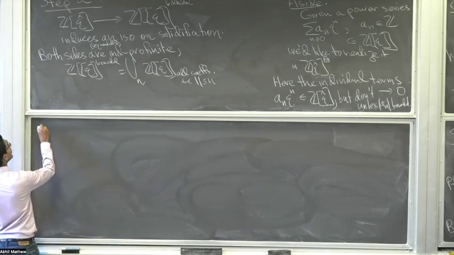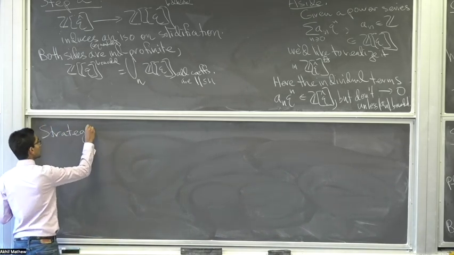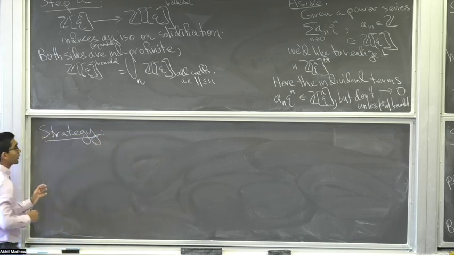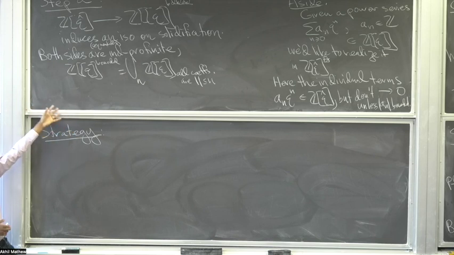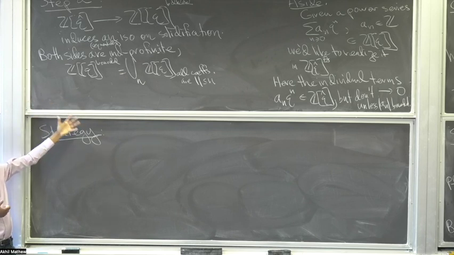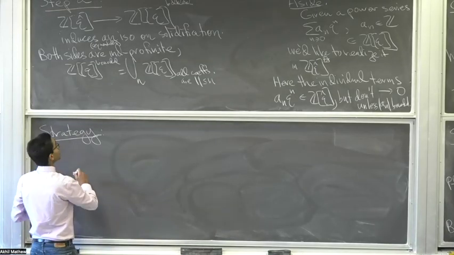The strategy is that we're going to define a sequence, let's say a null sequence, of endomorphisms. We have this inclusion of light condensed abelian groups, which are in fact more or less classical topological abelian groups.